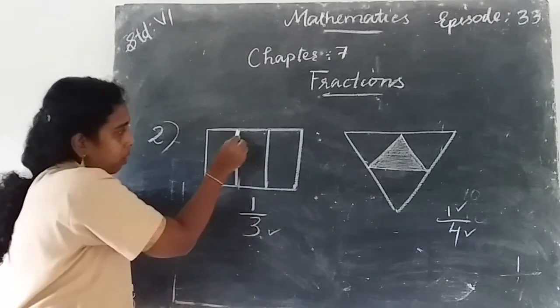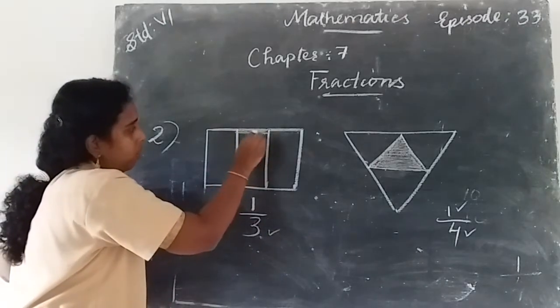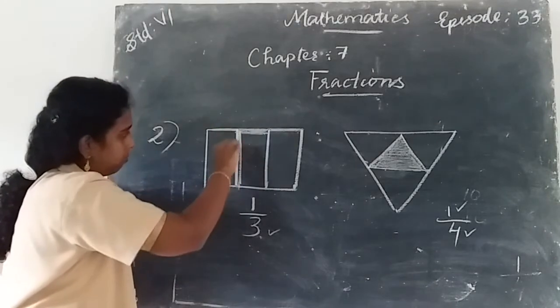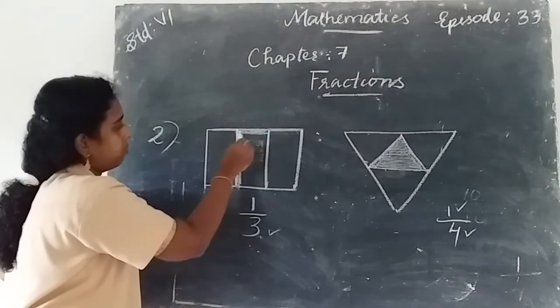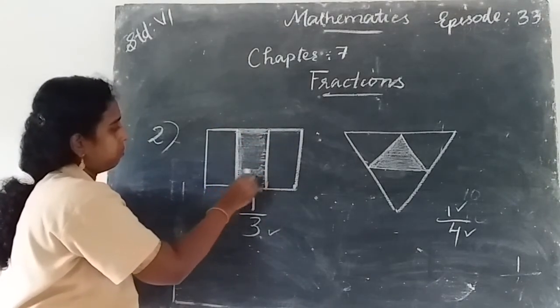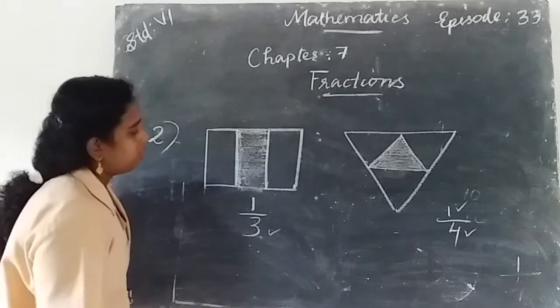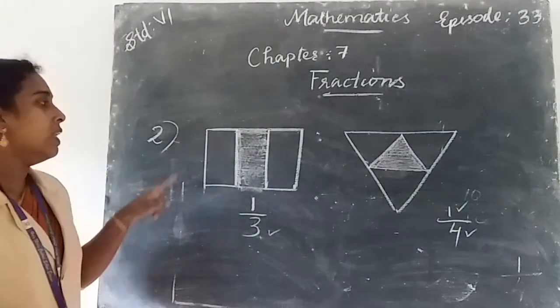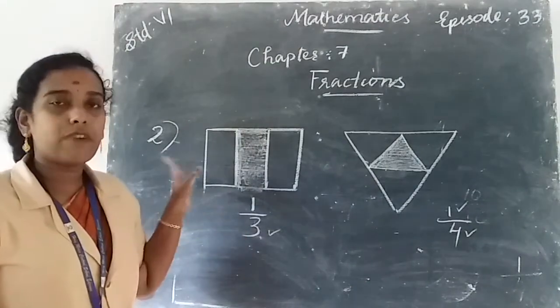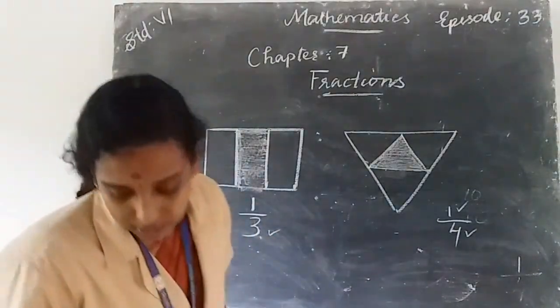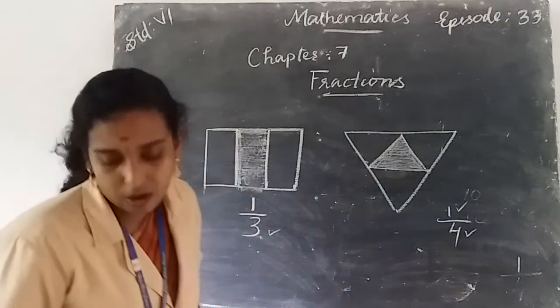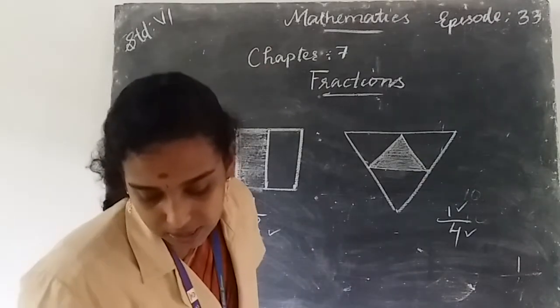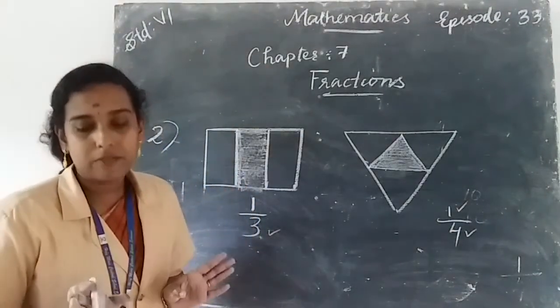So shade one part of the whole. Okay, yes, this figure shows 1 by 3 fraction of the whole. So, and question number 4 and 5 are your homework. So, color the part according to the given fractions.